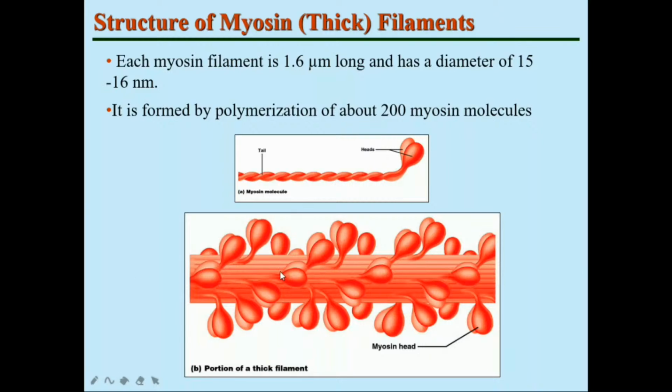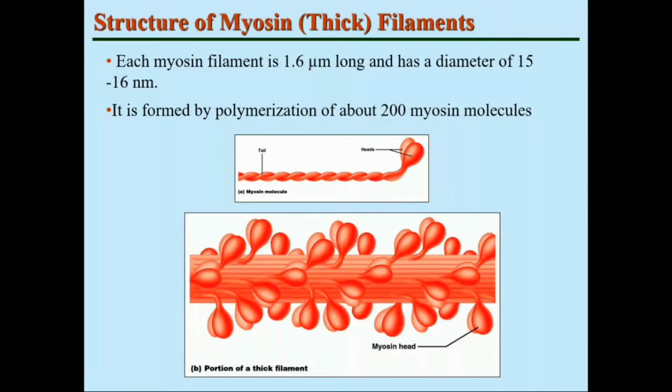The length of this filament will be 1.6 micrometers and the thickness or the diameter of the filament is 15 to 16 nanometers. Because this is thicker as compared to the actin filaments, these filaments are also called myosin filaments or the thick filaments, their diameter being more.